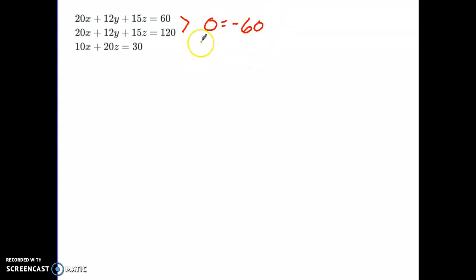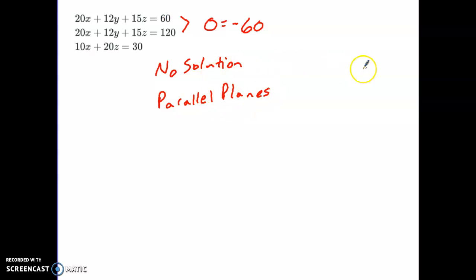Since 0 does not equal negative 60, this one has no solution because we have parallel planes. These first two planes are parallel, just like when you have two equations of lines and the lines are parallel, there is no intersection. So here we have no intersection because the planes are parallel.